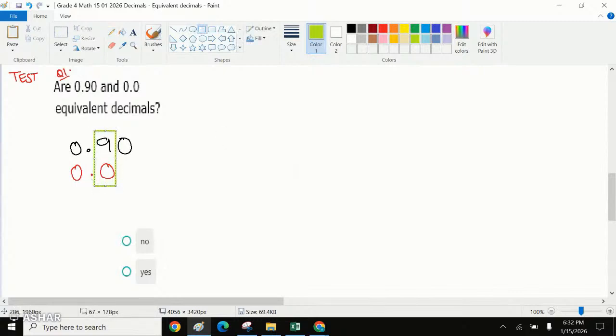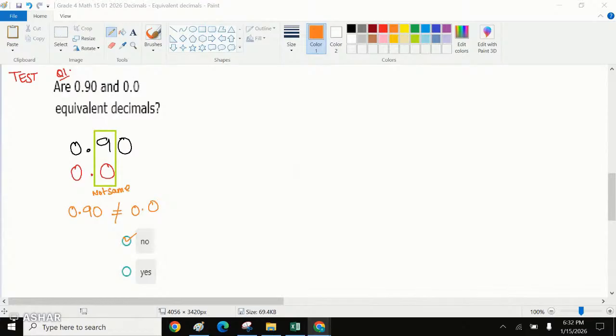Are these two numbers the same? They are not equal, right? So we say that 0.90 is not equal to 0.0. No, they are not. Thank you, Rowan, Buruk, and May. They are not equivalent decimals, okay?